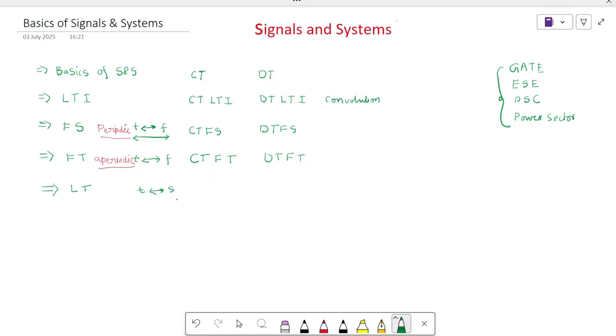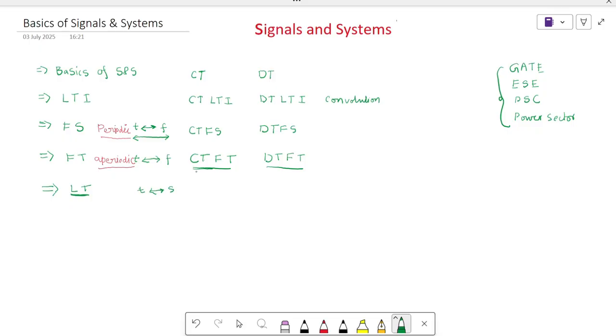This Laplace transform is a modification of the CTFT. In CTFT or DTFT, we cannot find the stability. That is a major drawback of the Fourier transform.